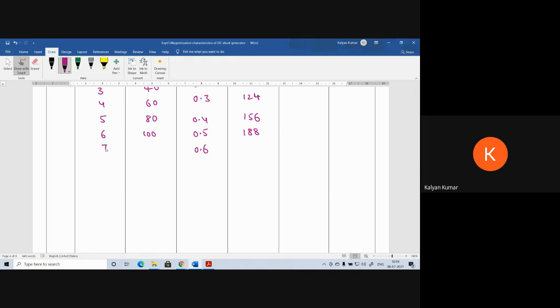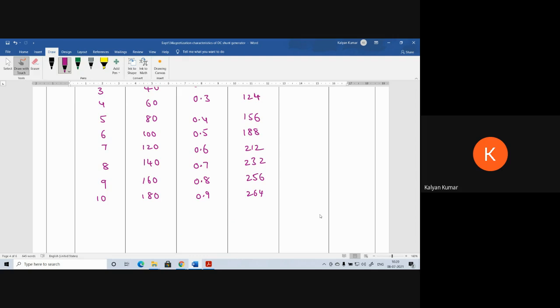For 0.6, it is 120 and 212. For 0.7, it is 140 and 232. For 0.8, it is 160 and 256. For 0.9, it is 180 and 264.